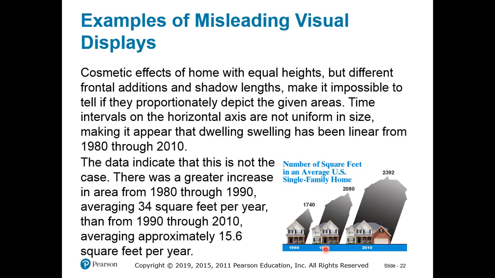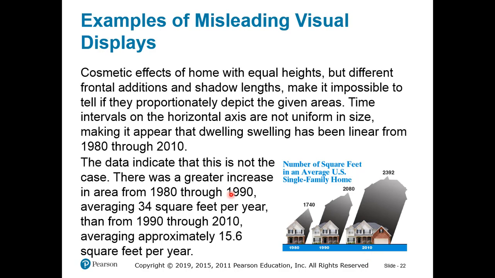Did it double then from 1990 to 2010? I don't know. Plus, look at here: 1980 to 1990, that's a 10-year gap. And then from 1990 to 2010, that's a 20-year gap.